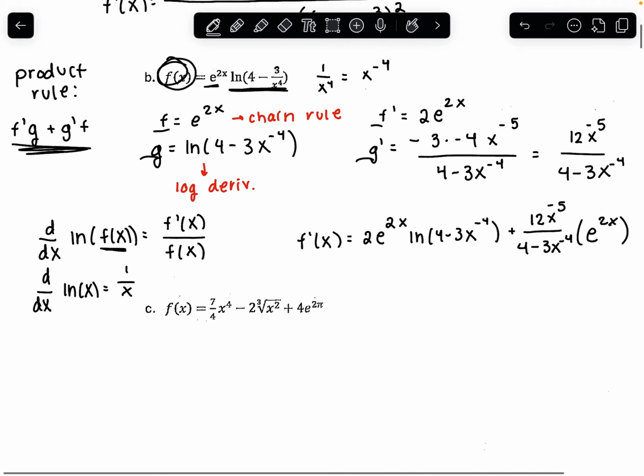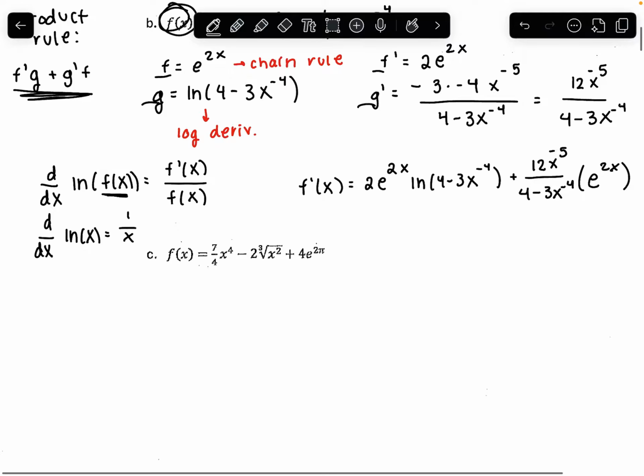All right, so this next one, let's rewrite this first so that we don't have a square root anymore and we just have fractional exponents. That'll be a little bit easier to see. So we'll have 7/4 x to the 4th minus 2.